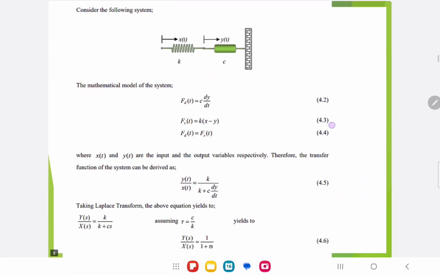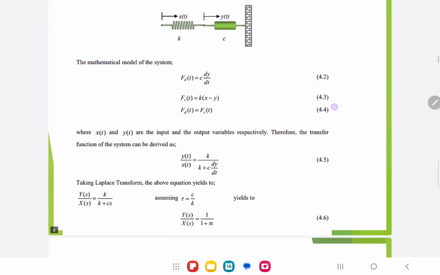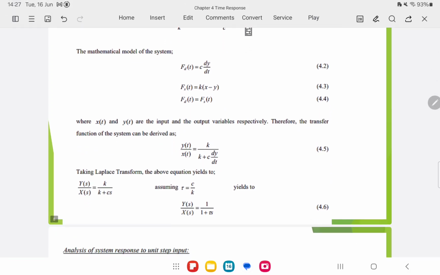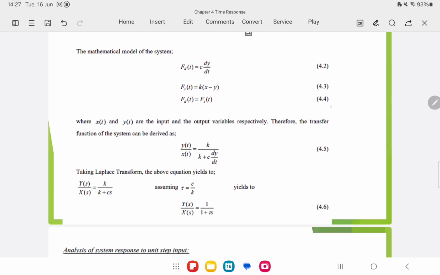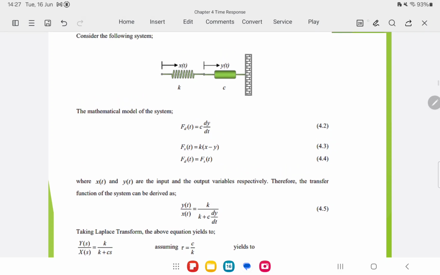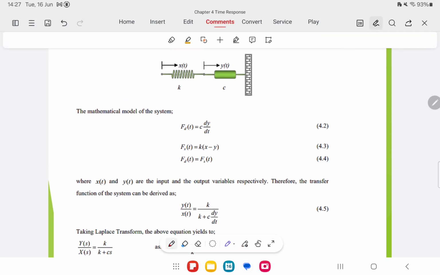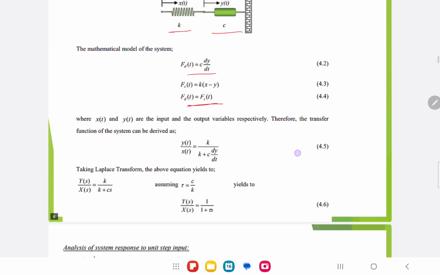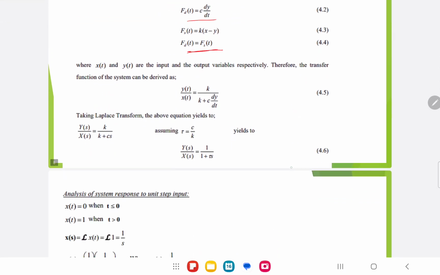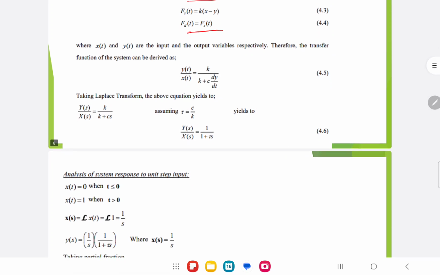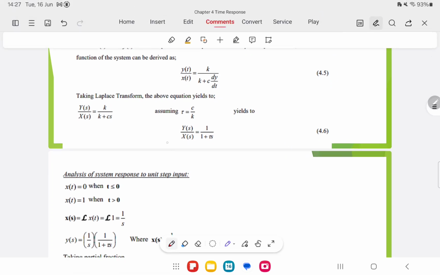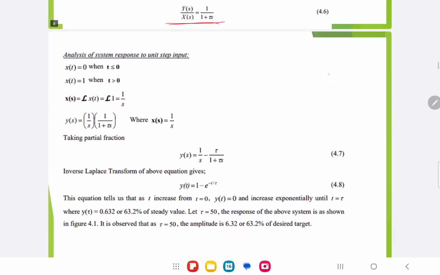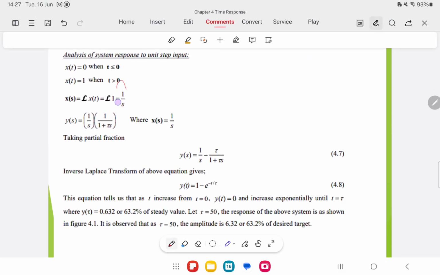This is one example to relate to the transfer function, the same as chapter 2 that we learned the other day. When we have a spring and a damper, this is the same as what you learned earlier. Then from the Laplace table you can get this one, and here it substitutes the S.